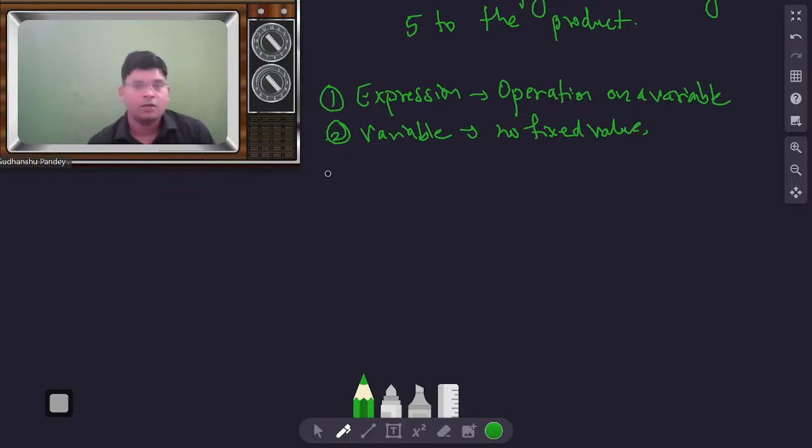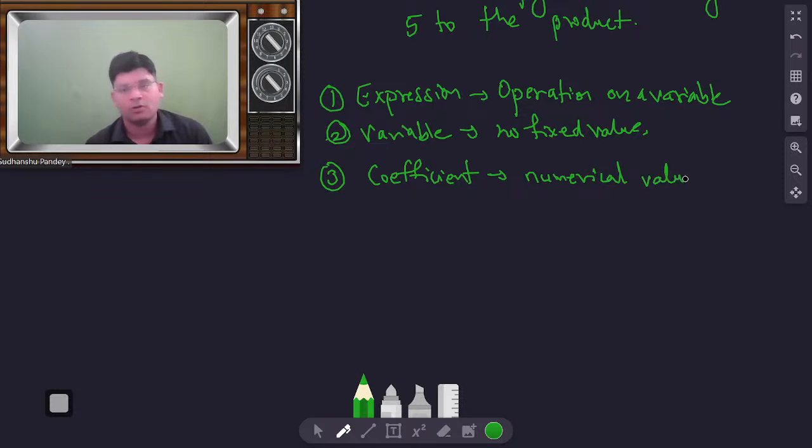Okay. Then there is one more term which is known as coefficient. You all know what is a coefficient? We can write: numerical value attached with a variable.